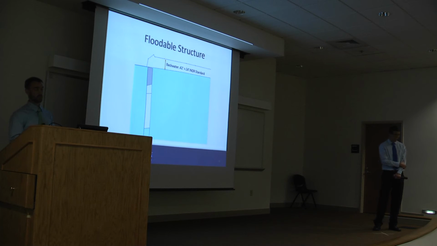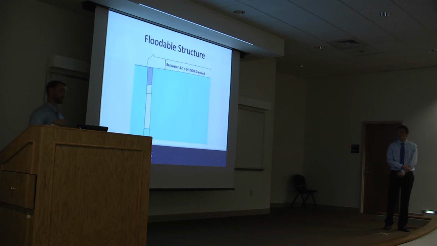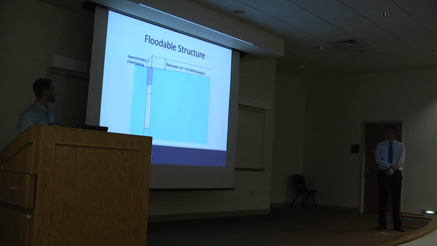So this bridge would not be accepted, and we tried multiple openings to get a floodable structure to work, and we could not get one to work. We feel that it is due to such a large flow going in such a small creek. And you can see here we had approximately 1 foot overtopping the roadway.